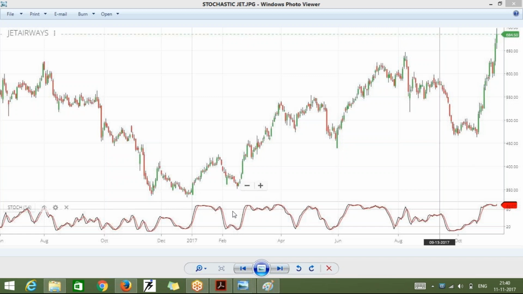Now let's see how it has not been working. We'll be coming to RSI also, and we'll be comparing both. So now see why it's not working over here. People will be trapped over here. They bought here.